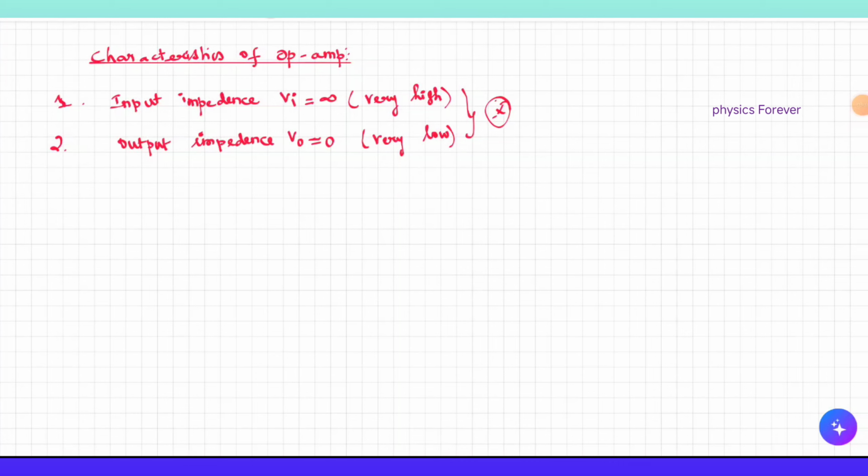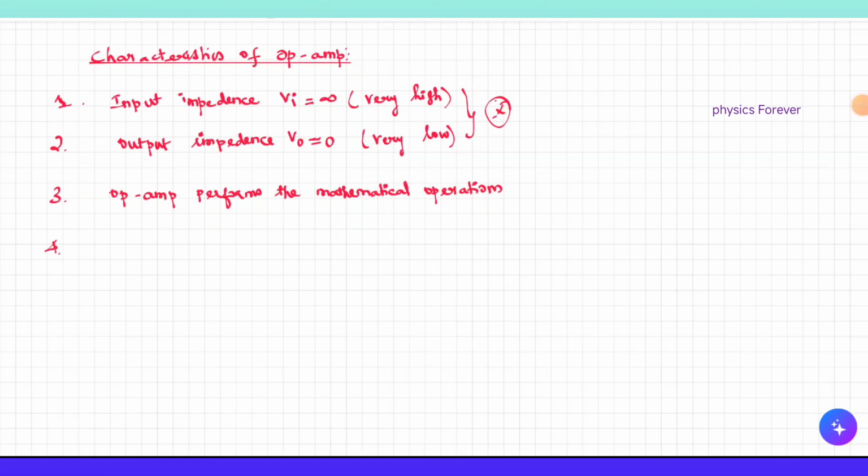Then third one, an op-amp performs mathematical operations.